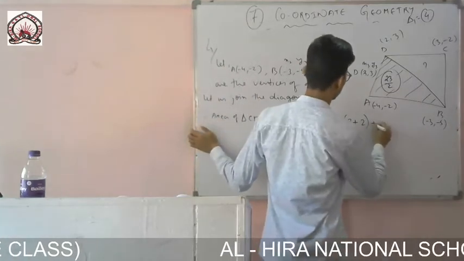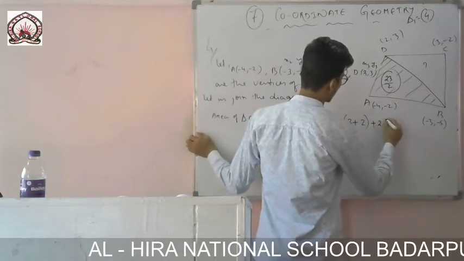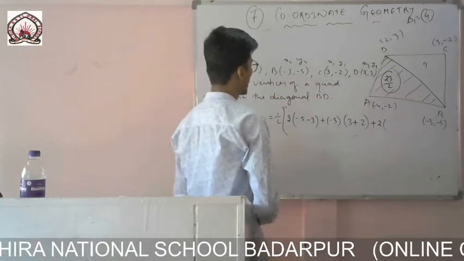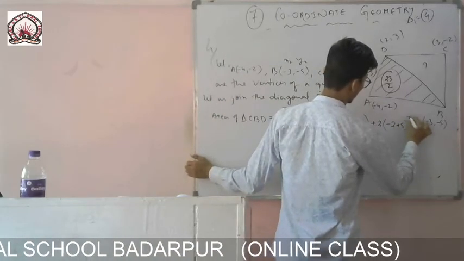Then the last one will be x3, it is 2, x3 into y1 minus y2, minus 2, and minus minus 5 it will become plus 5.